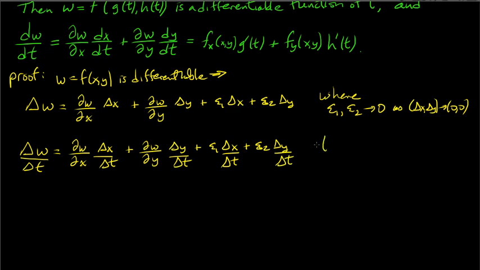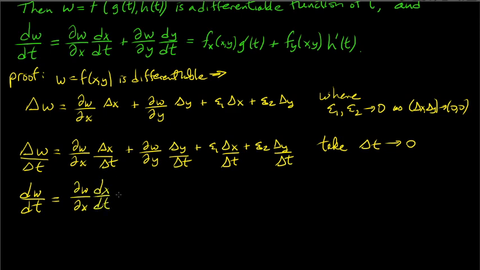And then just take the limit as delta t approaches 0 on both sides. So when you take that limit on the left, you just get the derivative of w, right? And then on the right, you get partial of w with respect to x, and then this is the ordinary derivative, right? X only depends on t.